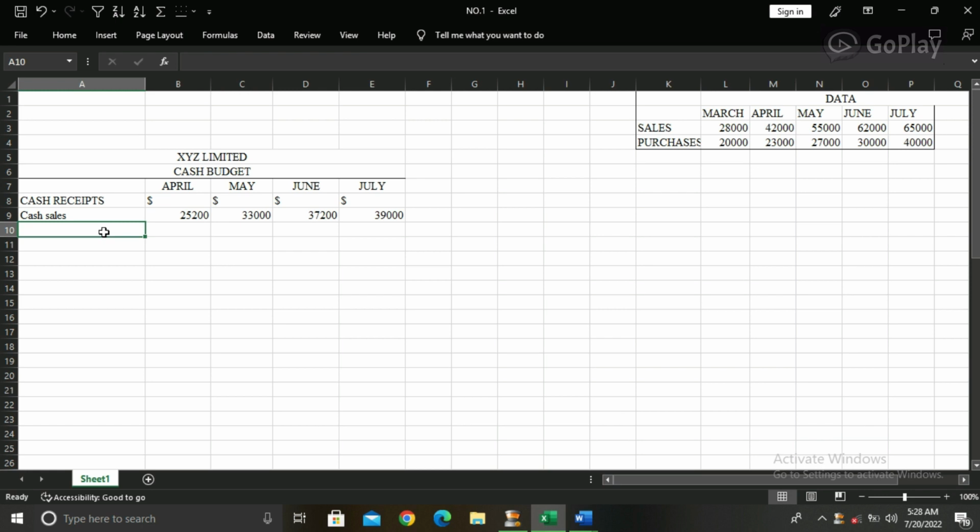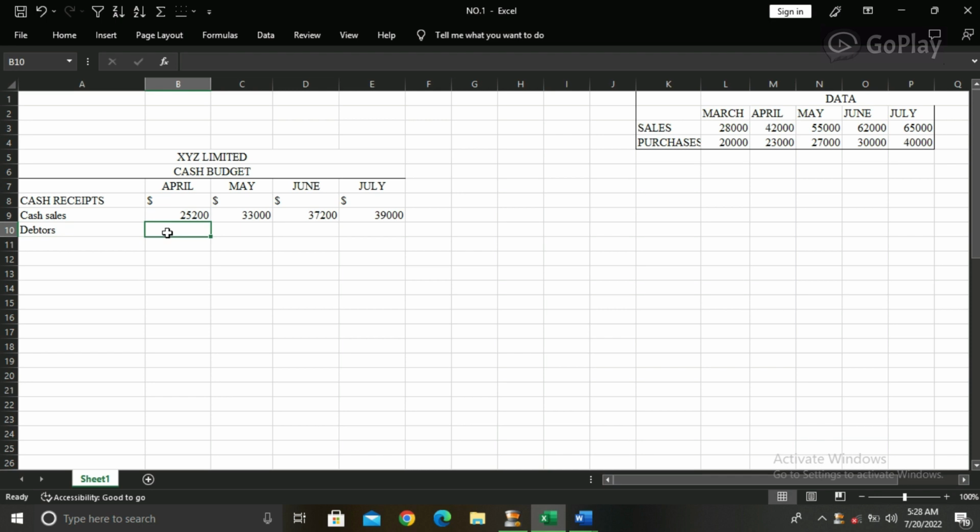Now let's move to the remainder. The following month, the remainder will be collected, which is the remaining 40%. So we have our debtors or our credit customers, money that we are going to receive from them. In April, remember that 40% of the sales for each month will be collected in the following month.